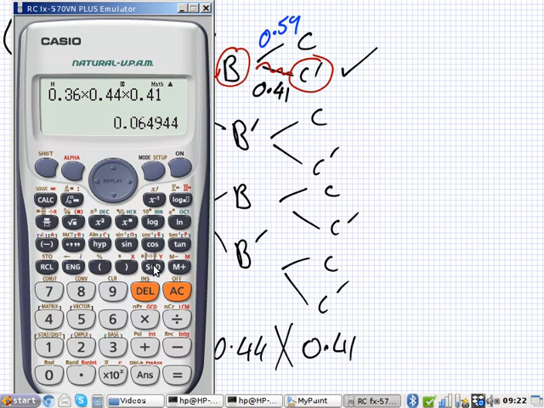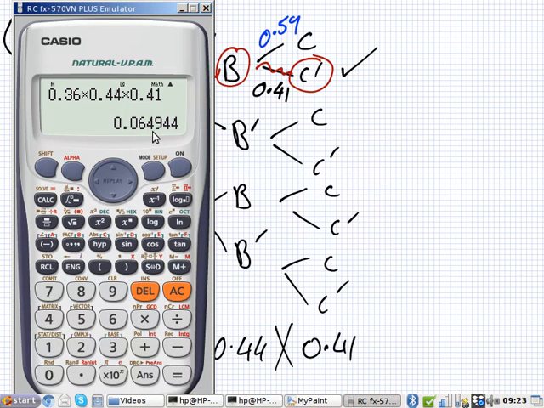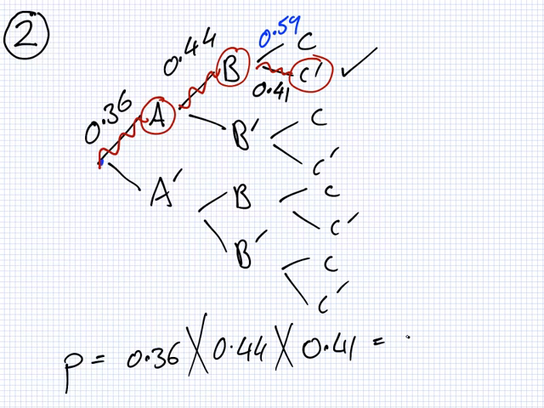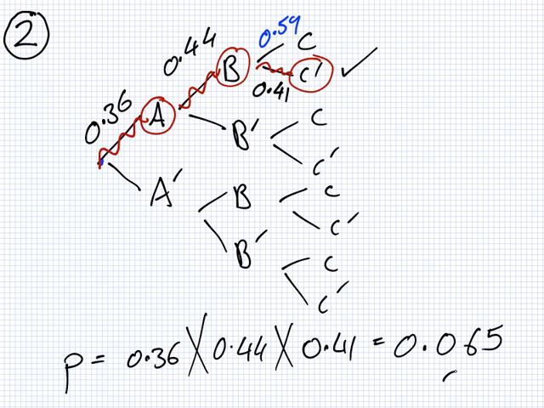So in the answer they want 2 SF. That will be 0.065 to two significant figures. That was a pretty nice question for 3 marks if the English wasn't a problem.